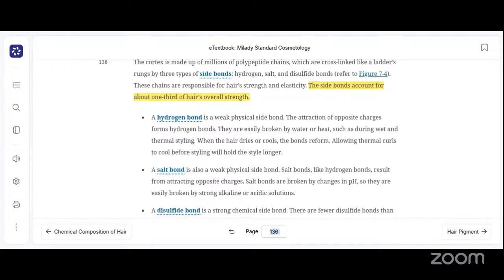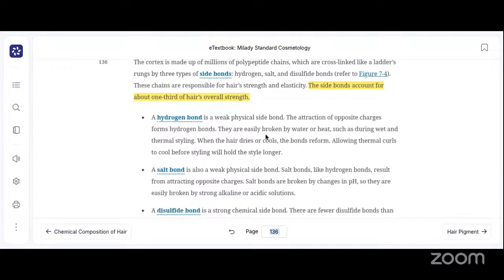You broke the hydrogen bond. You can break it with water, and when you roll it back up and put it under the dryer, it is restored. That's a physical side bond.